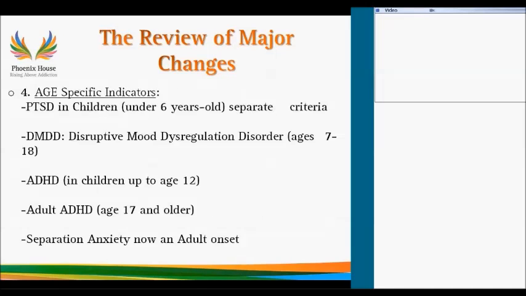Age specifiers, some of the big age specifiers are listed here. Again, obviously because of age, it has more to do with the childhood disorders. PTSD in children, disruptive mood dysregulation disorder. This you might see in adolescent treatment settings where the patient or client would be diagnosed with a bipolar-related childhood disorder.